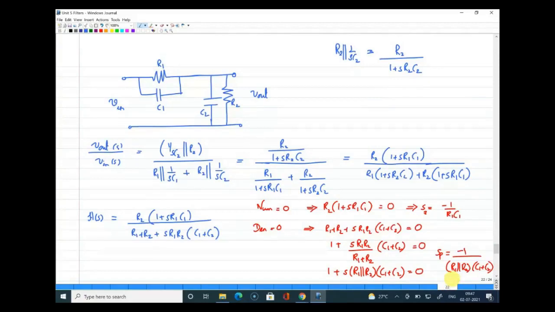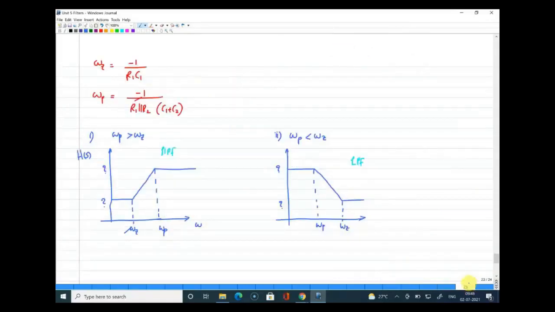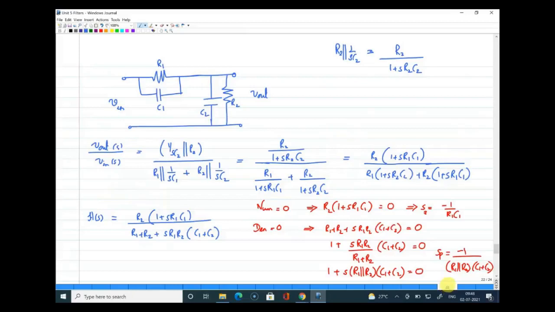Any answers for that? All right, so look at this transfer function.